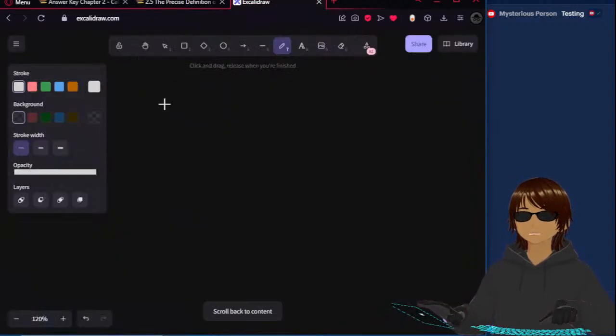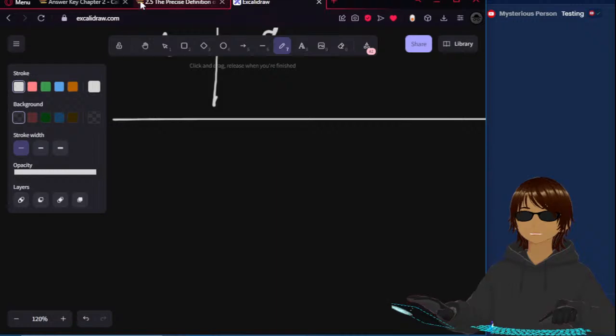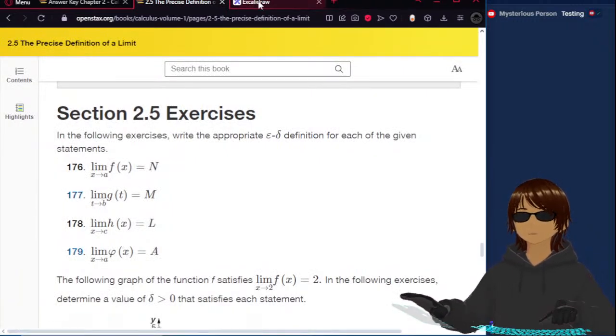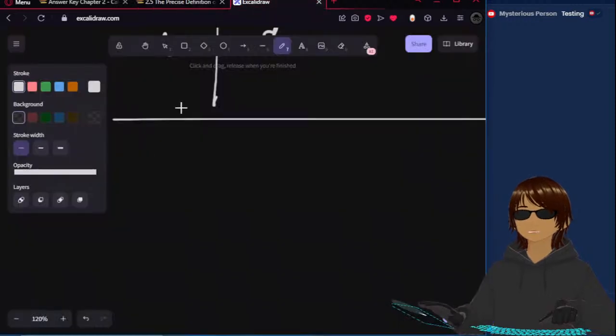Write the appropriate definition. Exercise 177: limit of g of t is equal to m.